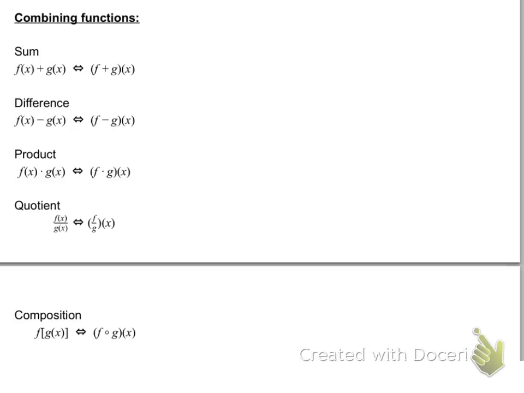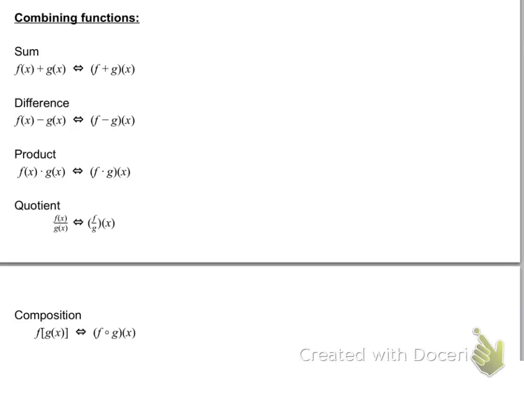So, we are working with trig functions, guys. And we actually worked with the first 2 of this idea, combining functions. That basically says that I could take them individually, f of x and g of x, sine of 30, cosine of 30, evaluate them separately and add them together.